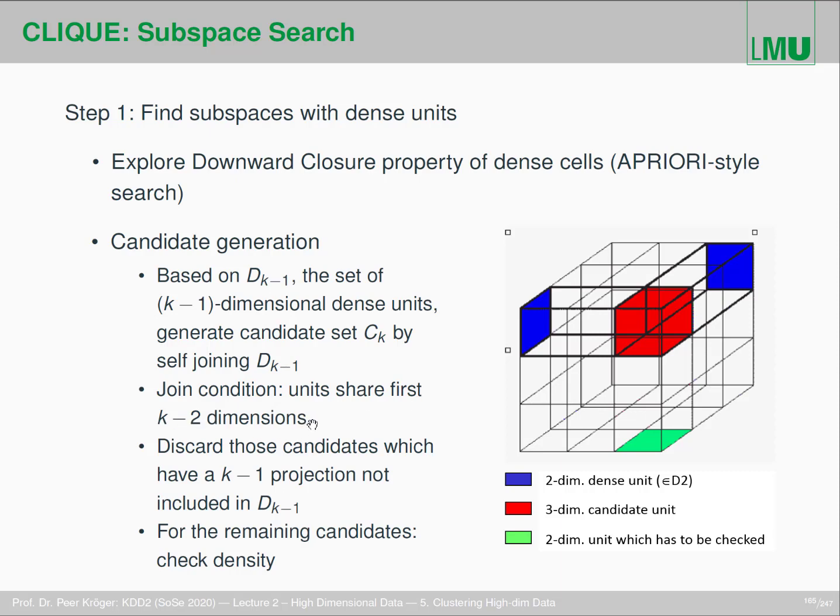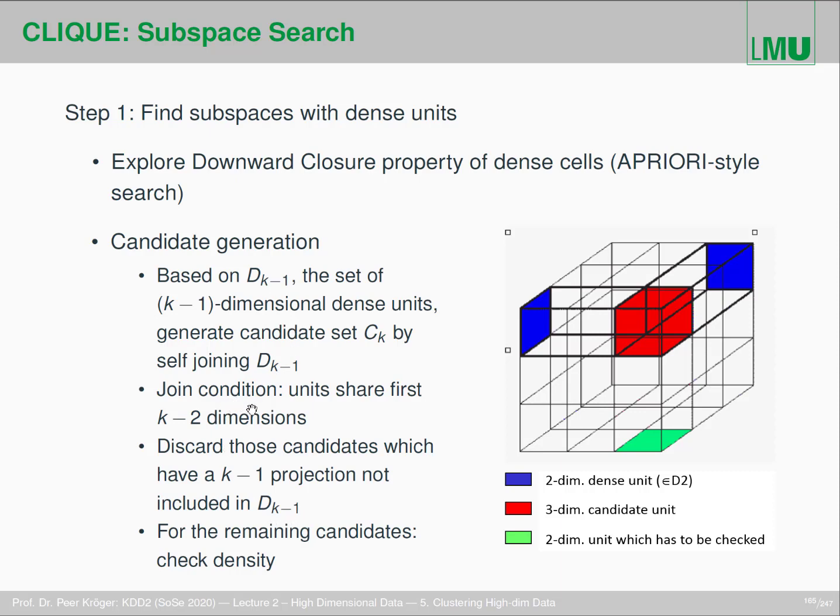And you can show that this is actually a complete join, or the candidate set you generate with this join condition is a superset of all dense grid cells of dimension k. We can then of course discard those candidates which have a k-1 projection that is not included in D_{k-1}, which may happen.